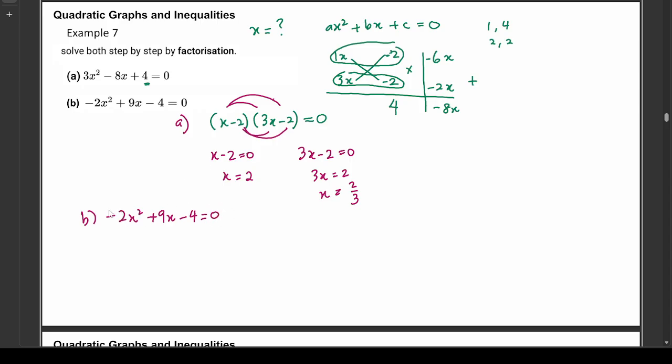If I want to change negative 2 into positive, I simply multiply everything with negative 1, left side and right side. So if I multiply everything with negative 1, this one will give me 2x squared, this one will give me 9x, this one will give me plus 4. 0 multiplied by anything is always 0. Right? Why am I doing this? Because it's easier to deal with A that is positive.